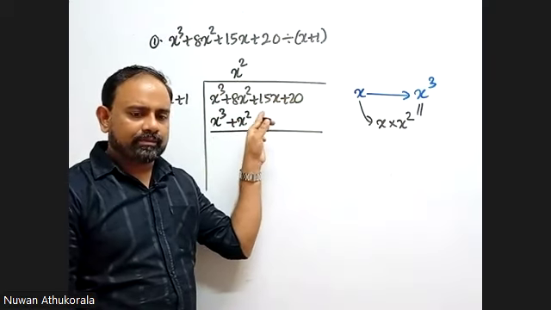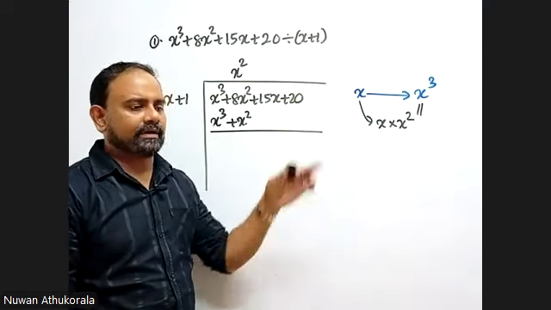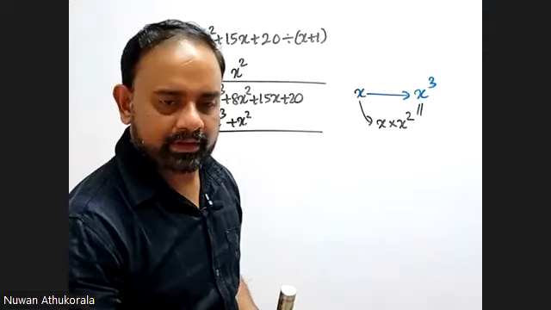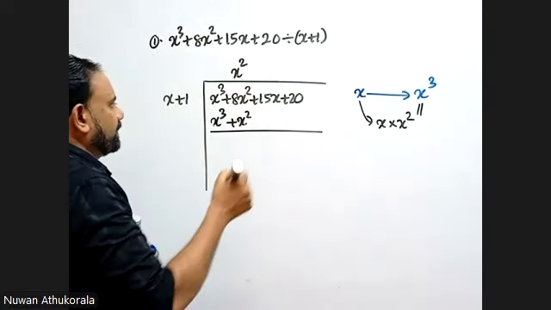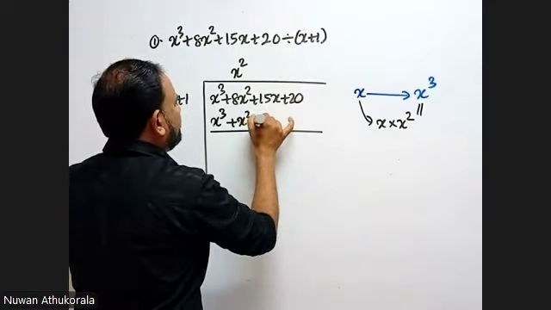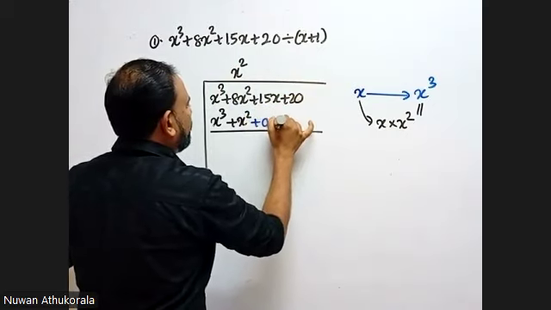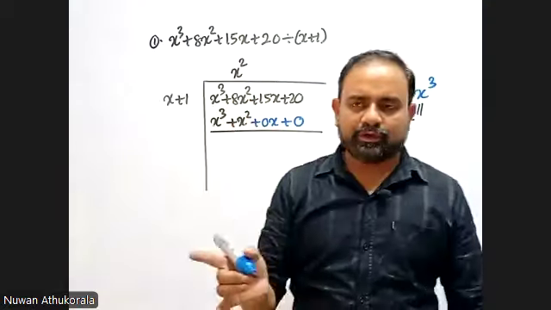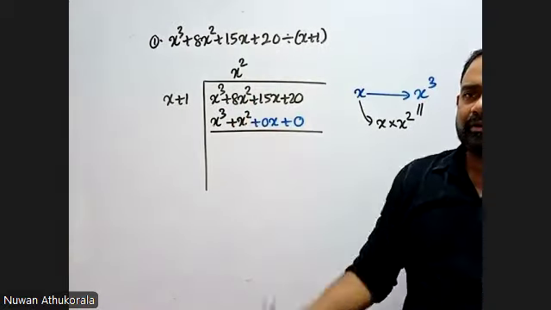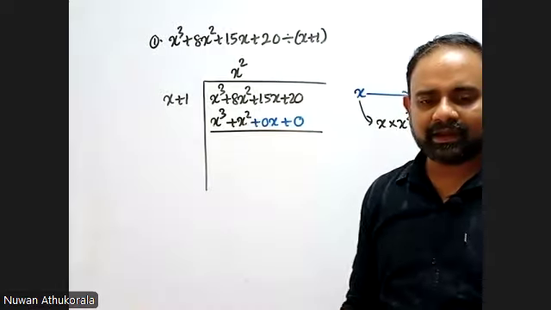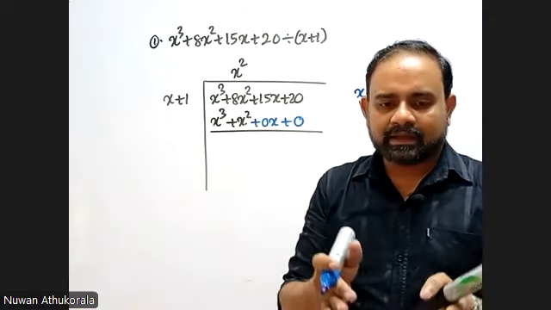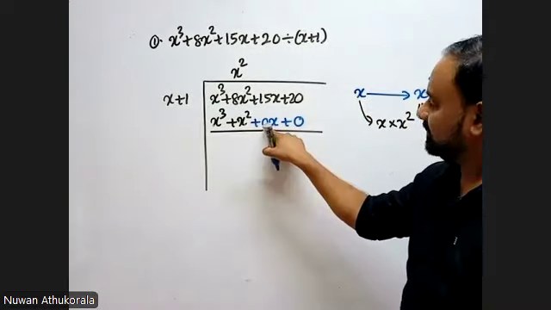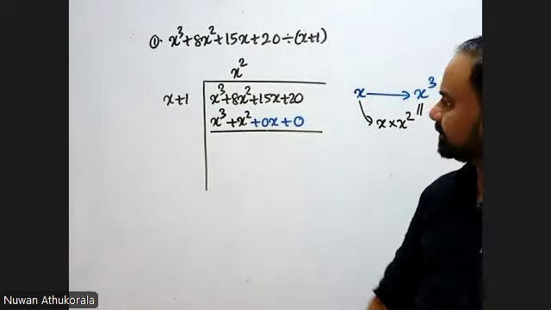There is no x term and constant term. We can assume x term is 0x, constant term is 0.